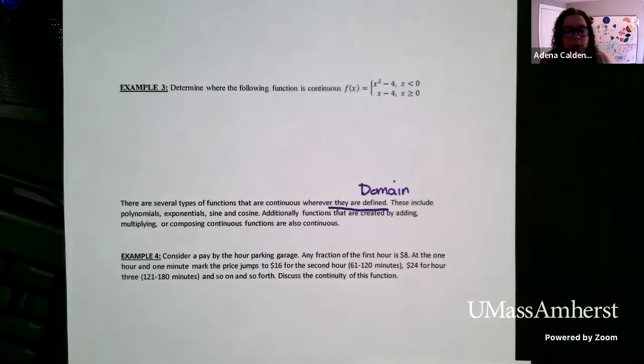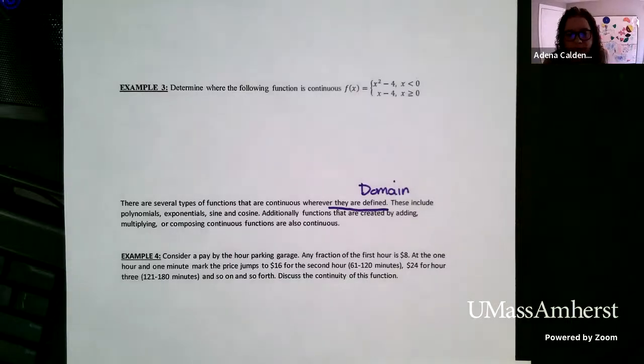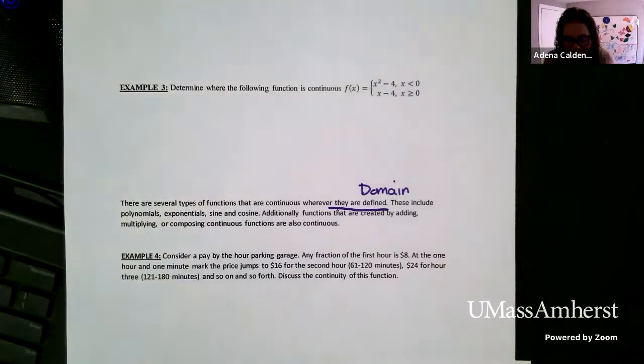And those are polynomials, so your x squareds, x cubes, rational functions, which is the ratio of polynomials, exponentials, so 5 to the x, e to the x, anything like that, sine and cosine, also natural log of x, which I forgot to write in here. Additionally, functions that are created by adding, multiplying, or composing these functions are also going to be continuous wherever they are defined. So what does that mean?